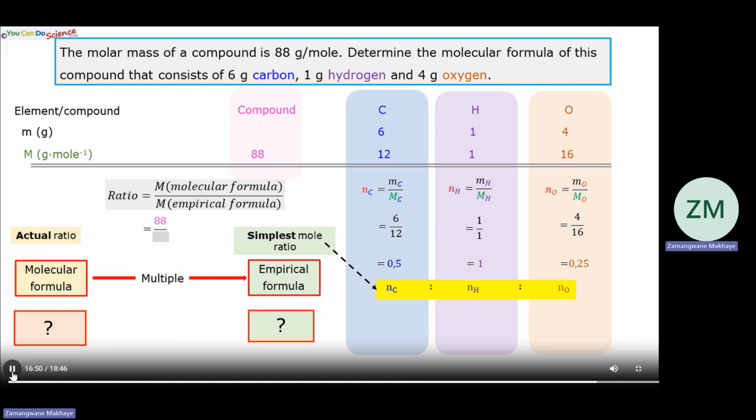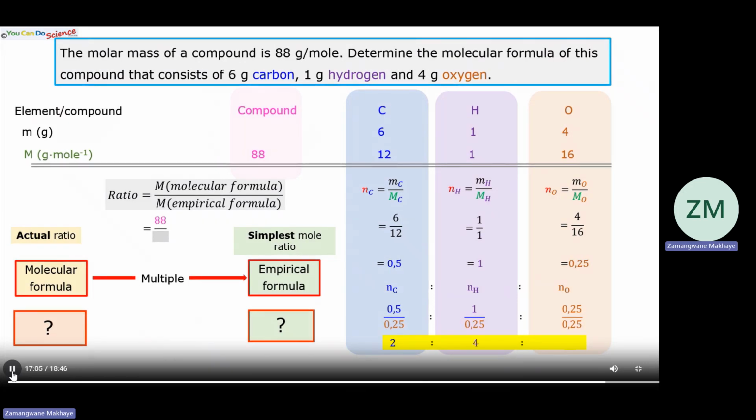The whole number mole ratio must be obtained. Do you remember how? Divide by the smallest mole number. For each 2 mole of carbon, there are 4 mole of hydrogen and 1 mole of oxygen.